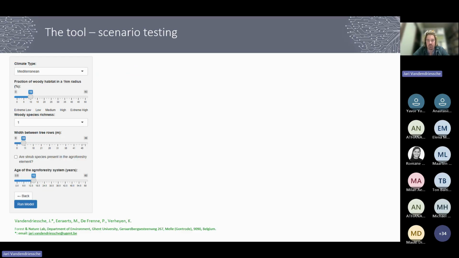Now I will loop to really investigate all different layers of the tool. I will just do some scenario testing where every time I change just one parameter to see what changes within the model.